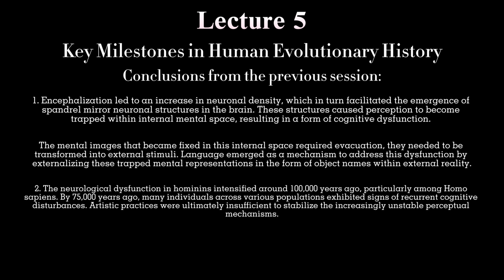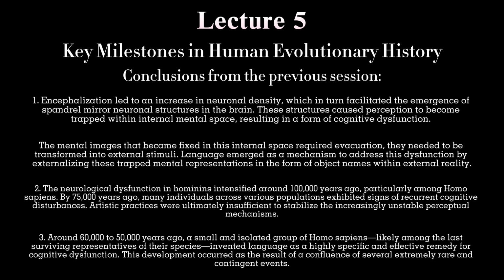2. The neurological dysfunction in hominins intensified around 100,000 years ago, particularly among Homo sapiens. By 75,000 years ago, many individuals across various populations exhibited signs of recurrent cognitive disturbances. Artistic practices were ultimately insufficient to stabilize the increasingly unstable perceptual mechanisms. 3.